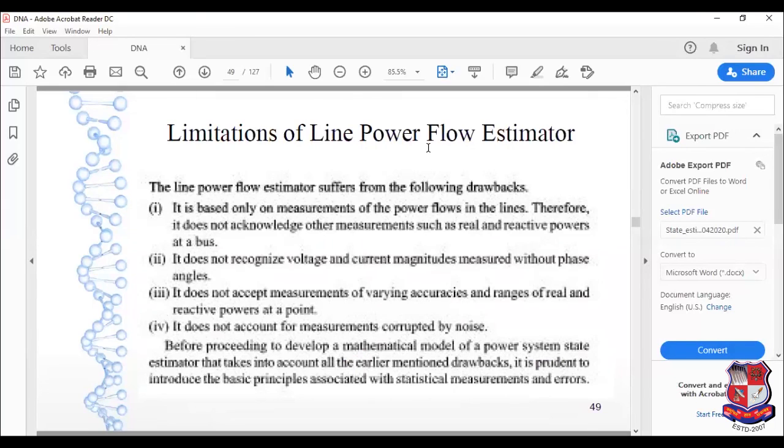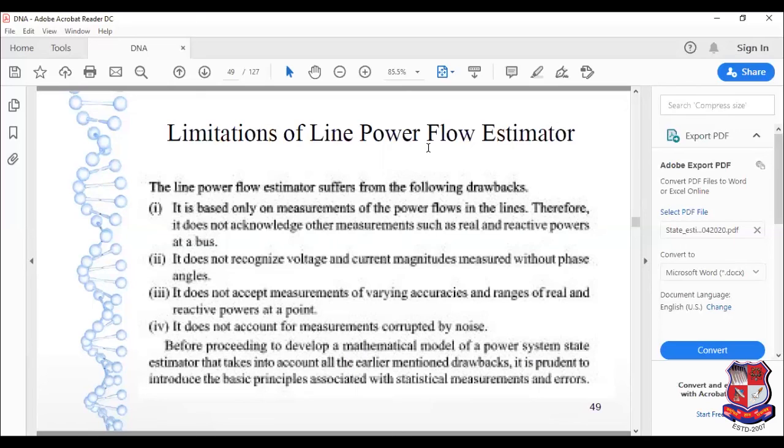Second, it does not recognize voltage and current magnitudes measured without phase angle. Keep this in mind, it is very important. Third, it does not accept measurements of varying accuracy for the range of real and reactive power at a point. Meaning, if the measuring instrument offers variable accuracies, then it is not accepted, or this power flow or state estimation does not comply with it. Fourth, it does not account for measurements corrupted by noise.